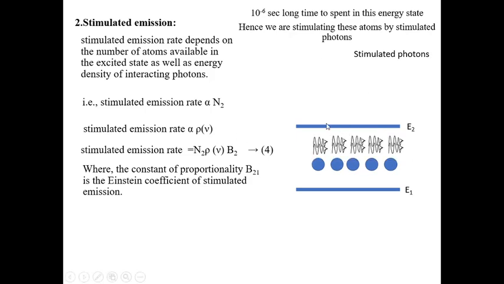While coming from E2 energy state to ground state, they are emitting radiation. So each particle is giving 2 photons, 2 coherent photons, because their frequency is the same and wavelength is the same. So these coherent photons are coming in one direction. This is the stimulated emission process. That is the specialty of stimulated emission.